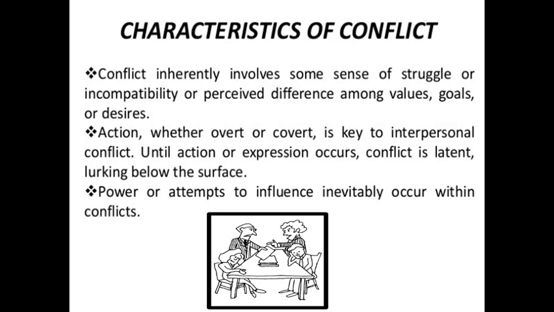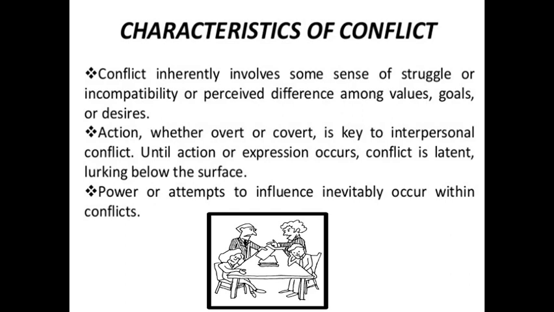Characteristics of conflict. Conflict is a process. Conflict occurs in layers. So conflict is inevitable, and conflict is a normal part of life. It involves perception and opposition, interdependence and interaction.